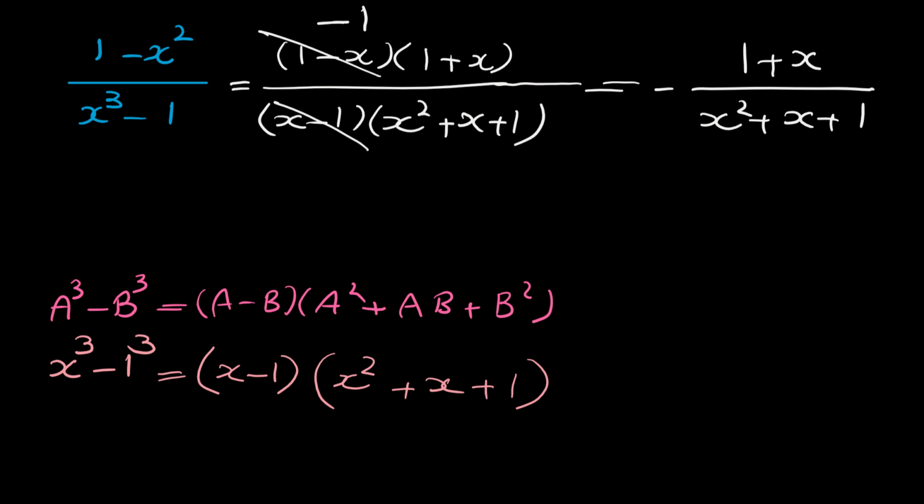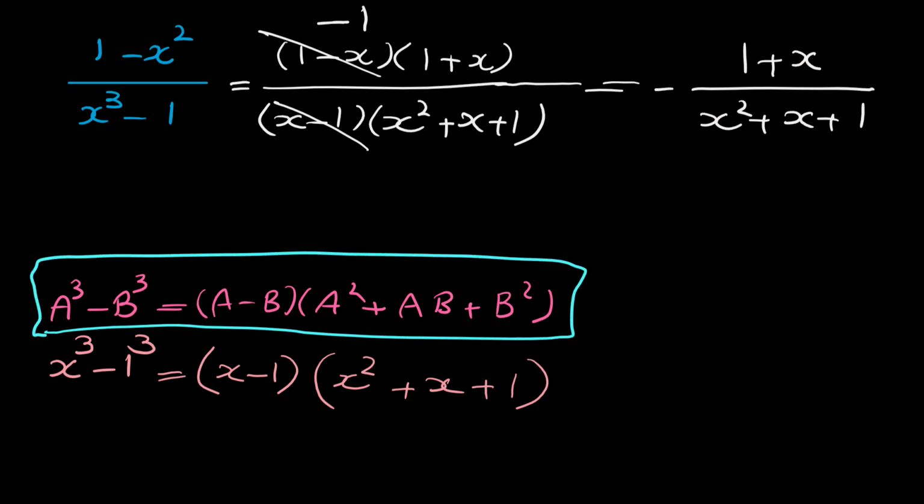For this identity which I used here, let me explain something to you if you want to memorize it. If in the middle between a to the 3 and b to the 3 we have a negative, this is the identity. But if here is a plus, sometimes we need this identity. If here is a plus, then here is also a plus.